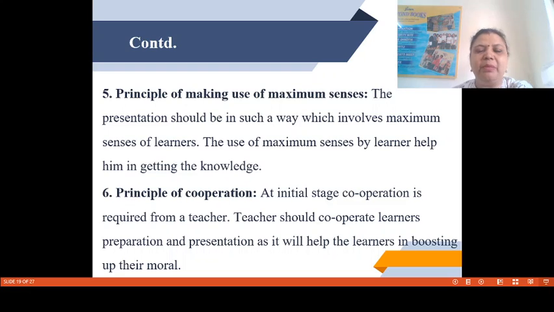She needs to help them like a guide and ask them to do it by themselves. At the initial stage, cooperation is required from a teacher. Teachers should cooperate with learners in preparation and presentation as it will help the learners in boosting up their morale.